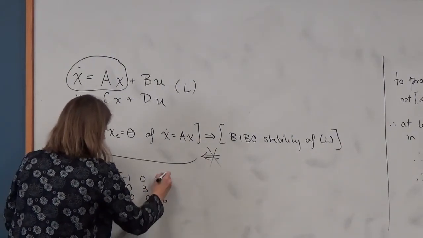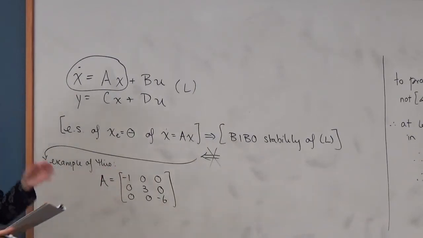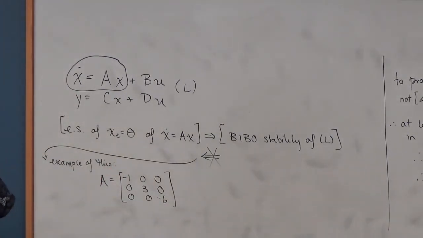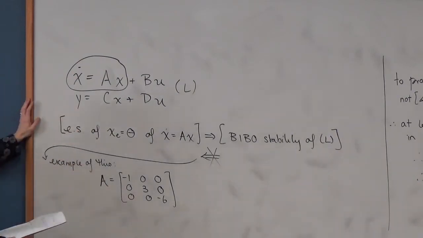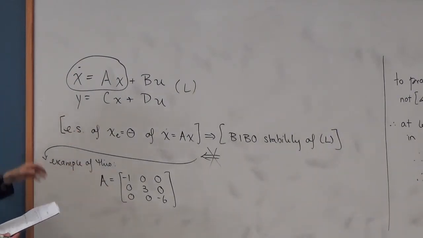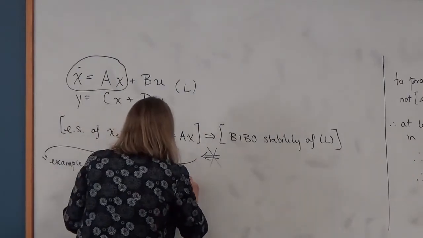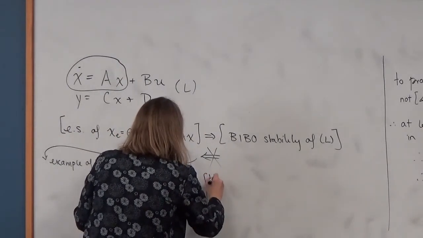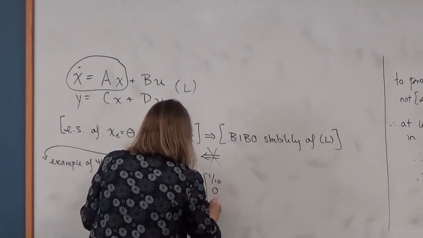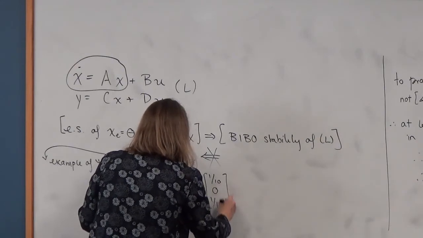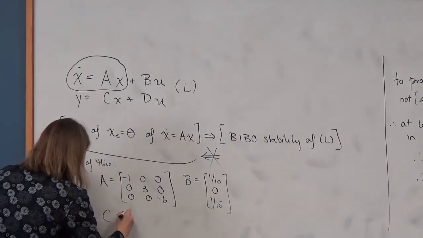From what we've just done today, we see that that system is not even stable, if we think about the internal stability. However, I've set up B, because it's a diagonal system, I can just put a 0 here and I know I'll get rid of that unstable eigenvalue in the input-output response.